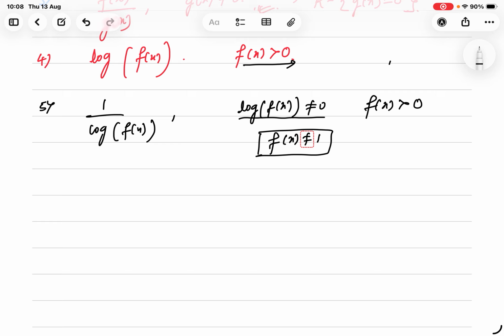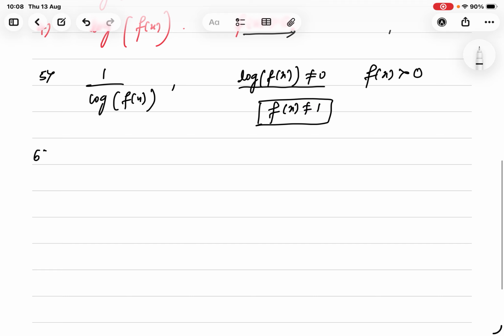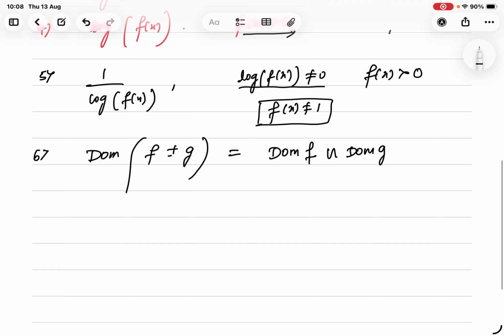It means whatever the denominator value is, that should not be equal to 0. Therefore log of 1 is 0, because 1 divided by log 1 is not defined for this function. And the sixth one, the domain of any function f plus or minus g is nothing but domain of f intersection domain of g. You have to find like these functions.